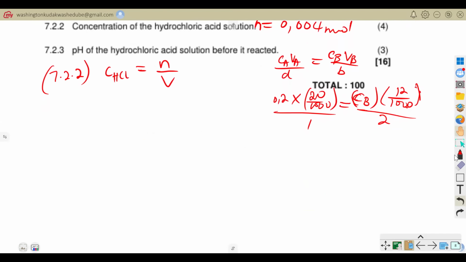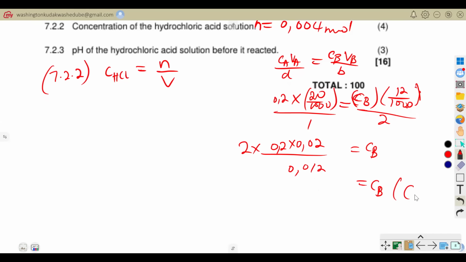So CB is equal to 0.2 times 0.02 divided by 0.012, and then I multiply by 2. The concentration of B, which is the concentration of HCl, that's the one you are looking for, gives you 0.67 moles.